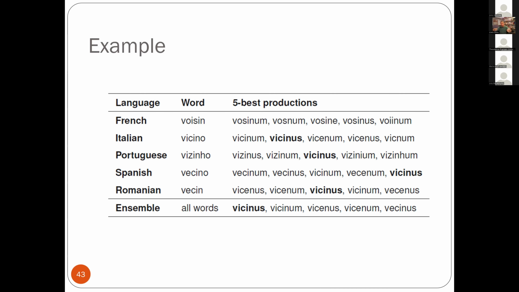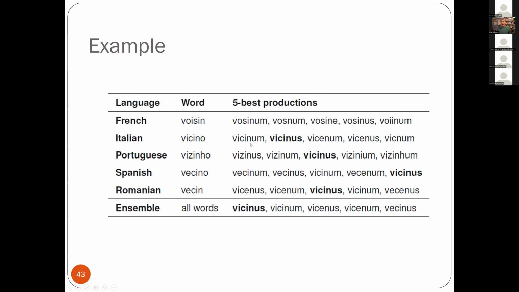Bassin is the modern word in French, and when we try to obtain the Latin proto-word, we see that among the first five, ranked from the highest probability, the Latin proto-word doesn't occur.